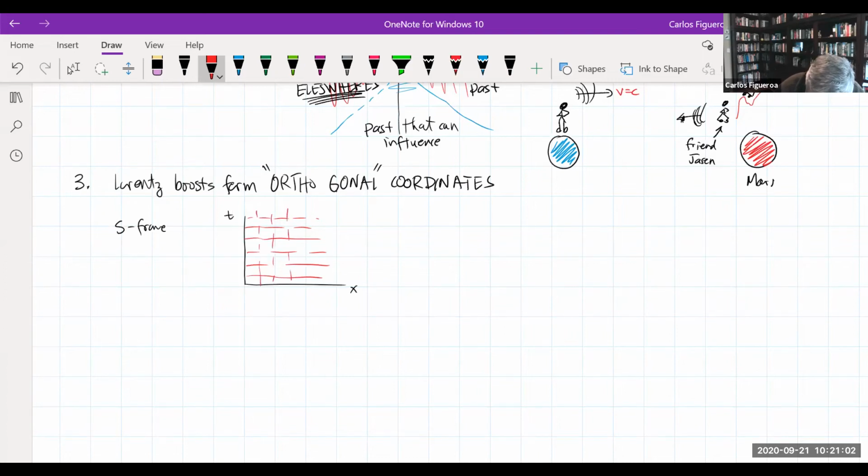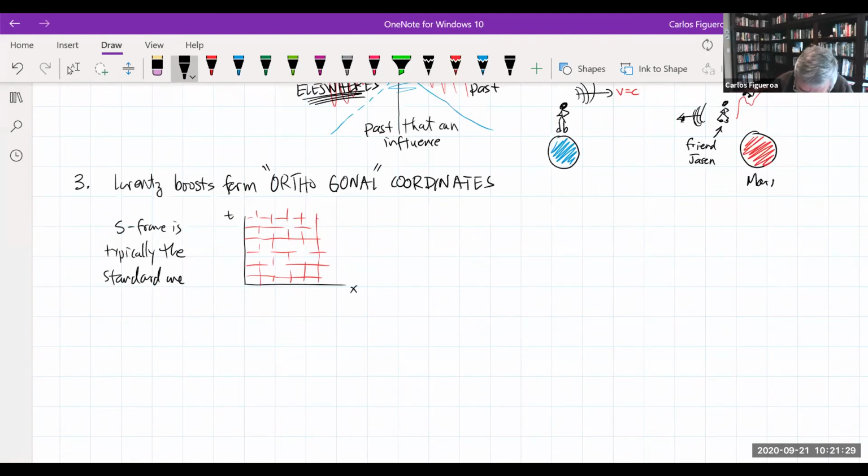So I have a grid system where all of these are orthogonal to each other. So I would say that the S frame is typically the standard one.